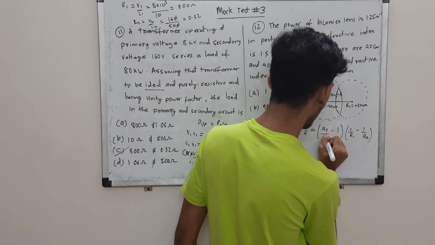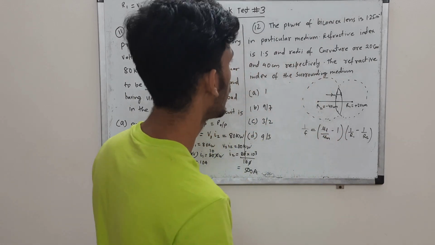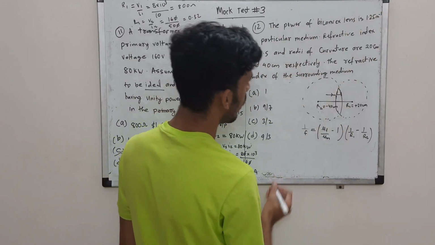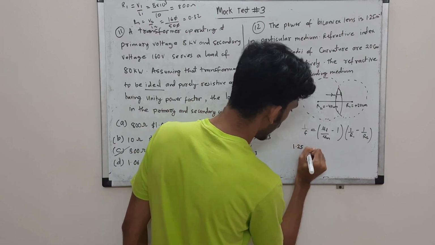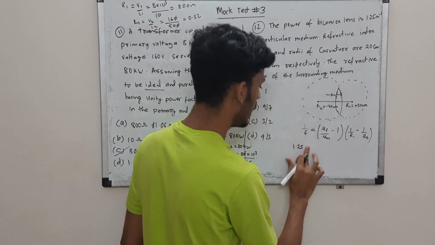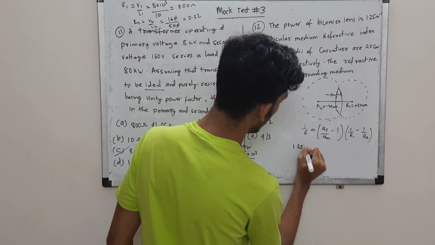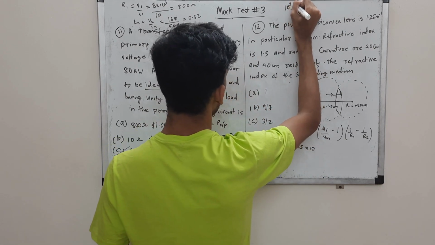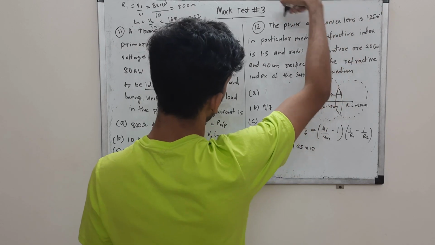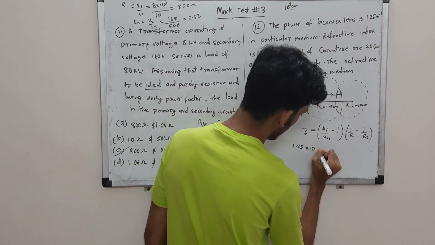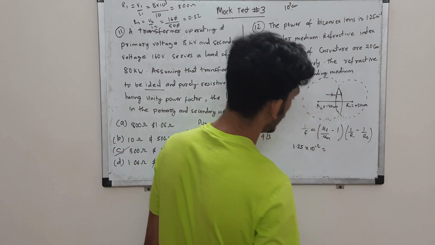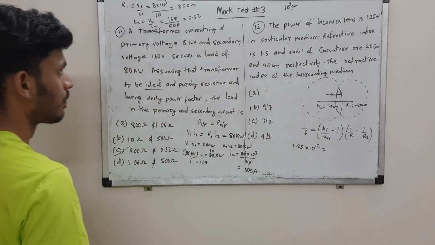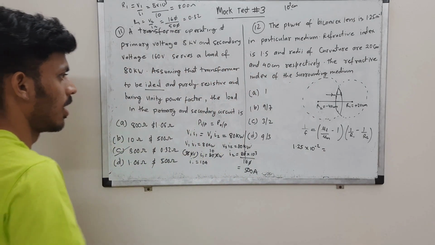Actually it's mu L by mu m, the medium. 1 by f is nothing but power, 1.25 per meter, and we might need to convert it. A meter is 10 to the power 2 centimeter, so inverse, I think it is 10 to the power minus 2 in centimeters. Is it correct? I hope so.